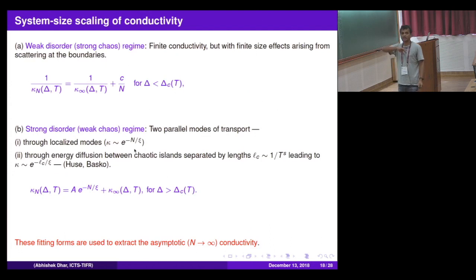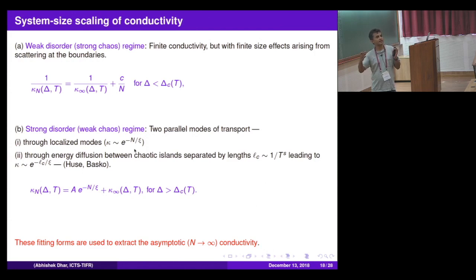Okay, so now can we understand these 2 different ways that the conductivity approaches the asymptotic form? There's a simple finite size scaling analysis that we suggest. In the weak disorder limit, if you have the pure system, then of course, if you look at small systems, the main scattering comes from boundary effects.